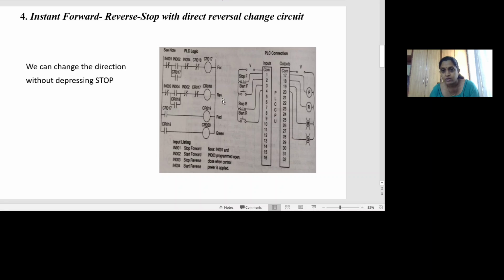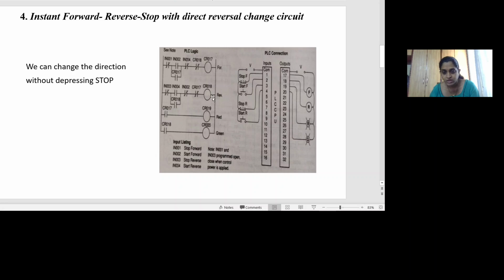Therefore, a reverse drive which is connected to the motor will be energized, and the motor starts running in the reverse direction. When CR18 is energized, look at the coil contact CR018 in the fourth rung.